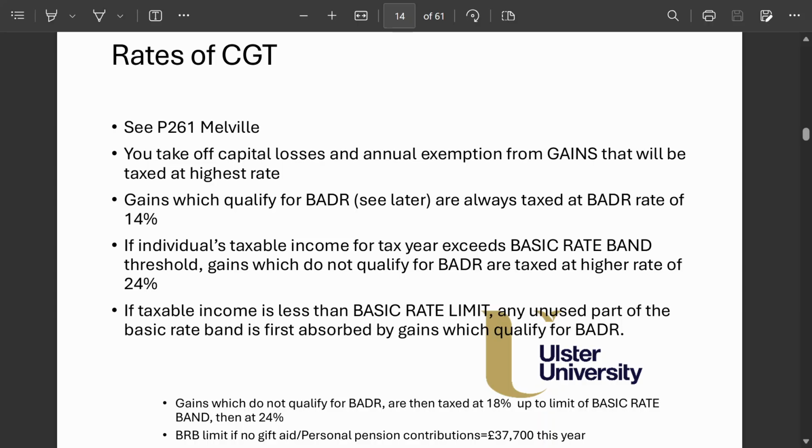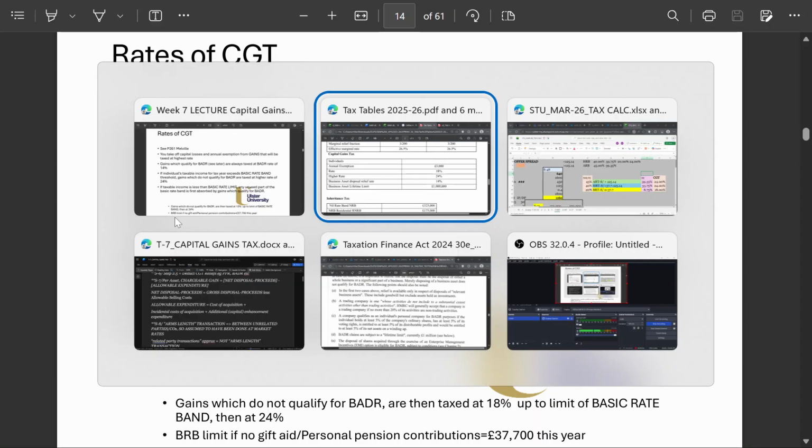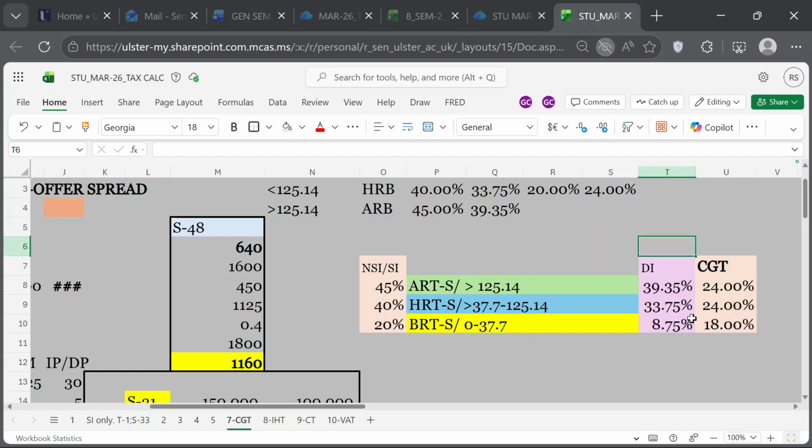There is some concession being given to businesses, slightly favorable taxation. If you have business things which qualify for BADR, they will always be at the BADR rate of 14%, which is why I did not add this 14% over here, because that's not a function of where you are in the income tax slabs.